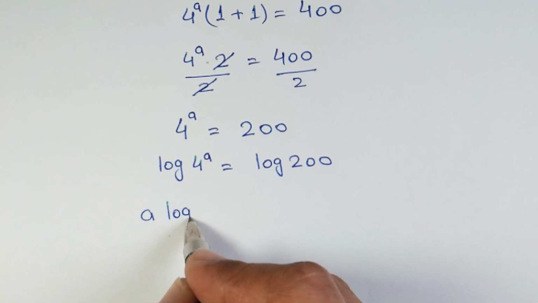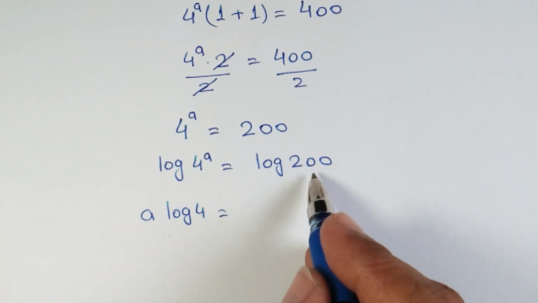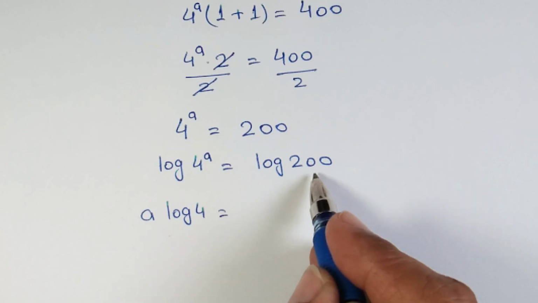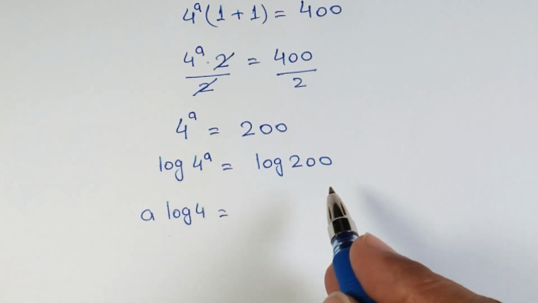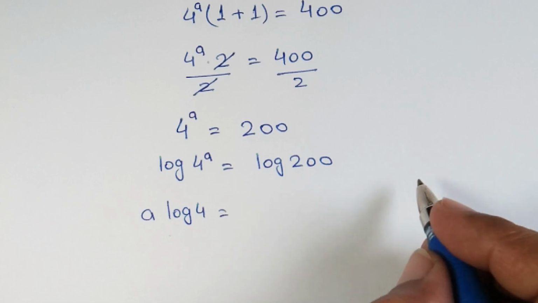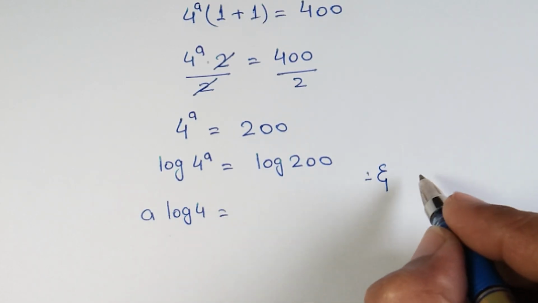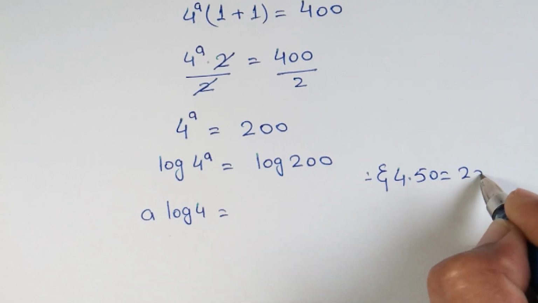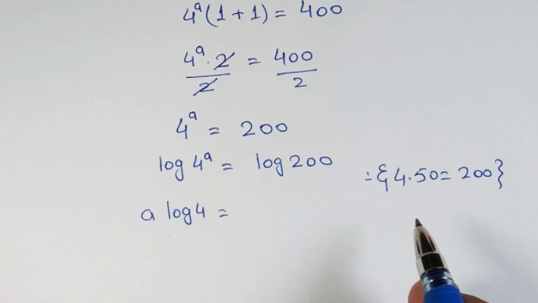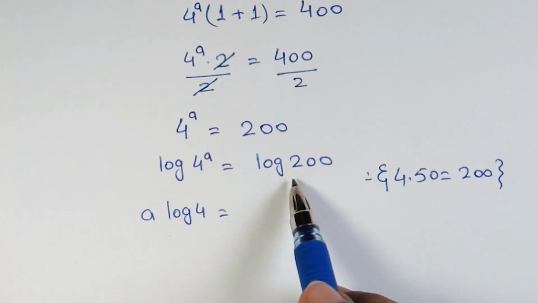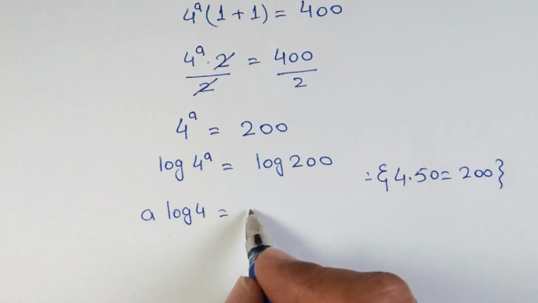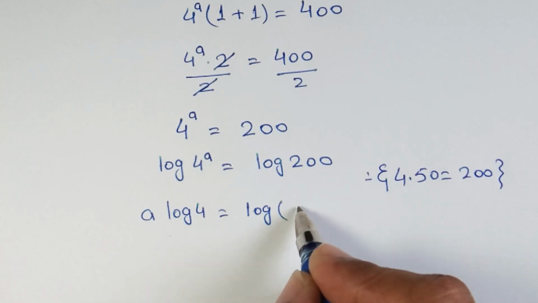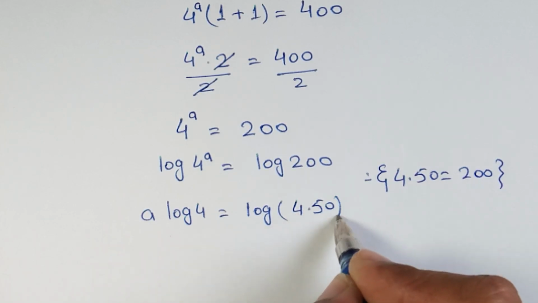A log 4 is equal to, so here we can't use 200 as it is, so for this we will break it down into 4 into 50 is equal to 200. So we will write 4 into 50 in place of 200 in this expression, and we have log of bracket 4 into 50.